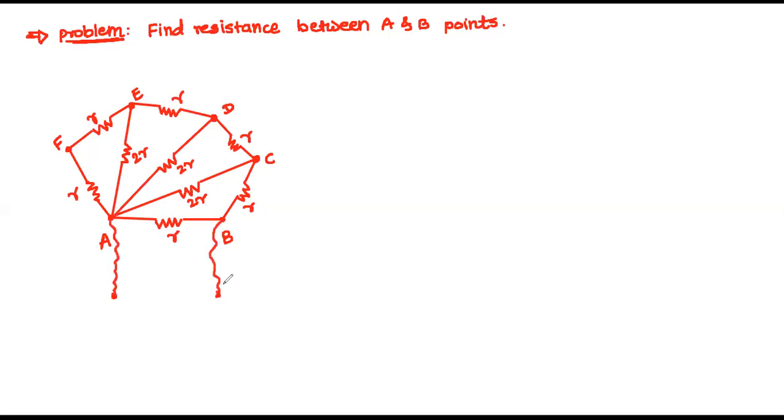So across these two terminals, you can find the resistance. Try yourself. Shall I give a hint? See here. First of all, same as the previous model. You just check it and do it. First this two series parallel, then this two series parallel, then this two series parallel, then this two series parallel. Very easy.